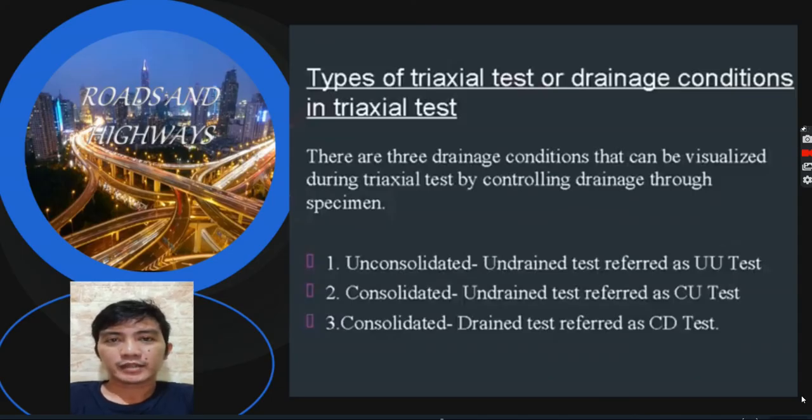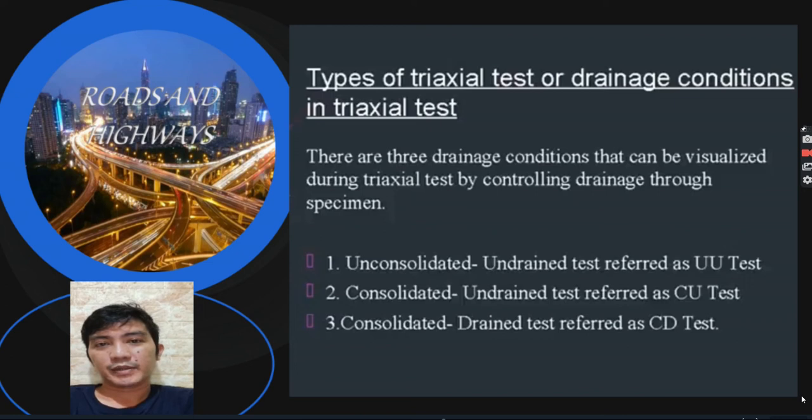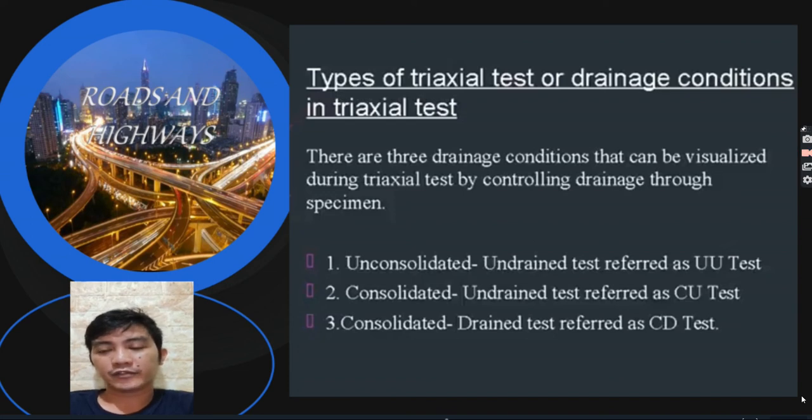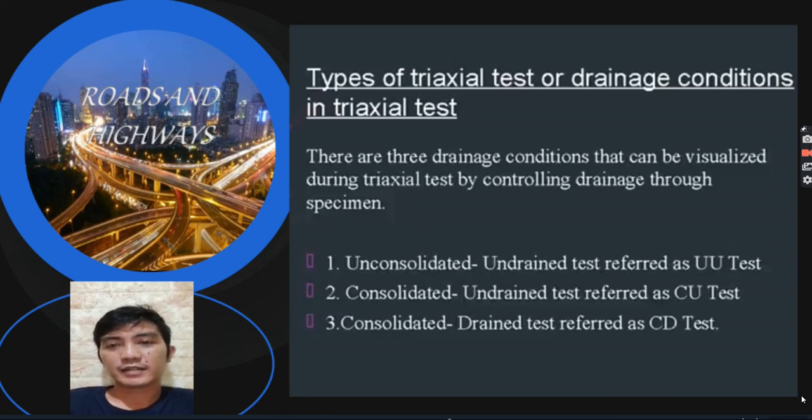Types of triaxial test by drainage condition: there are three conditions that can be visualized during a triaxial test by controlling drainage through the specimen. First is the unconsolidated undrained test, referred to as the UU test. Second is the consolidated undrained test, referred to as the CU test. The last is the consolidated drained test, referred to as the CD test.